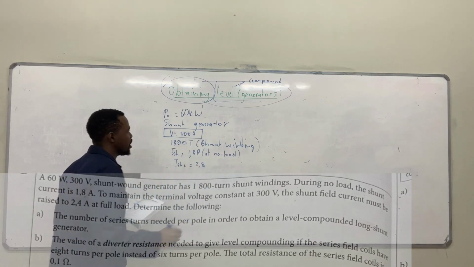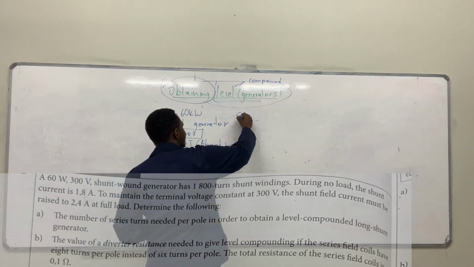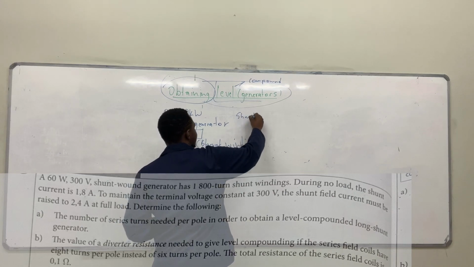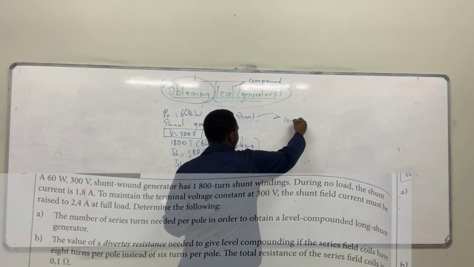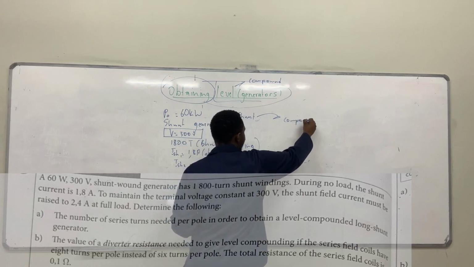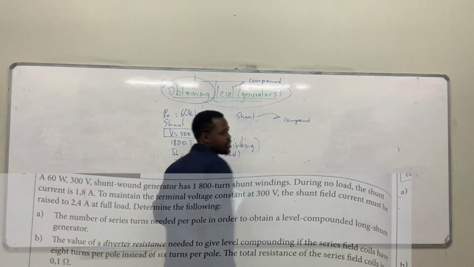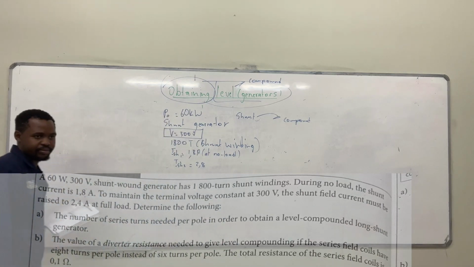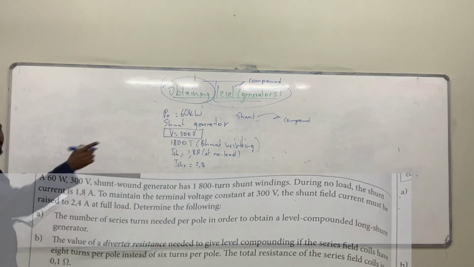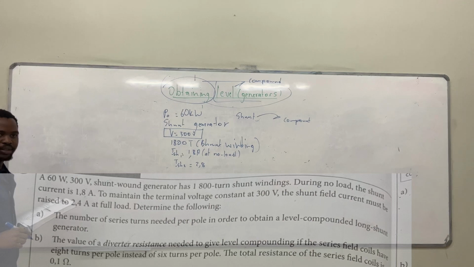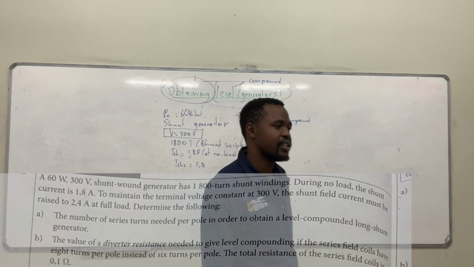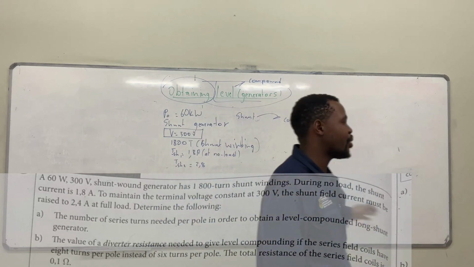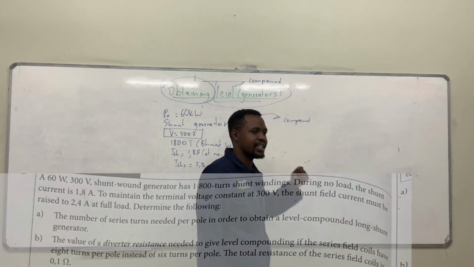It's because we are converting a shunt generator to a compound generator, by adding in a series field winding.